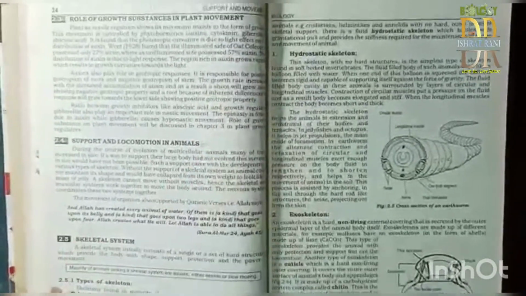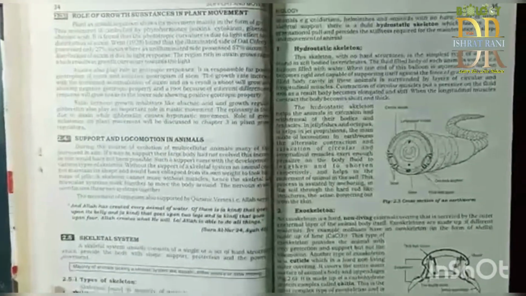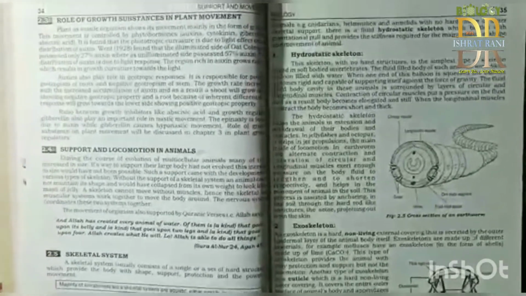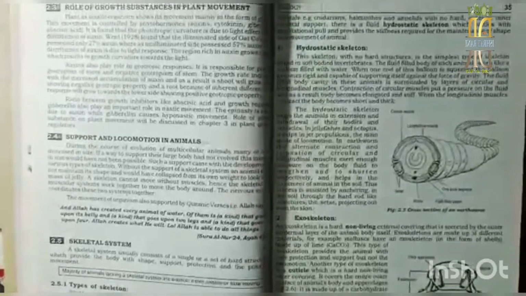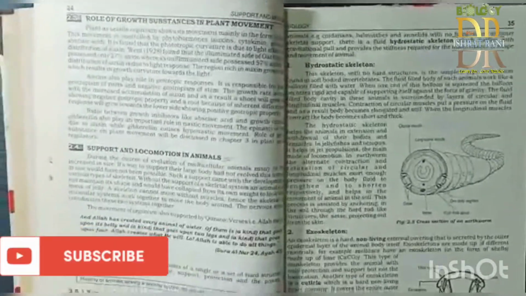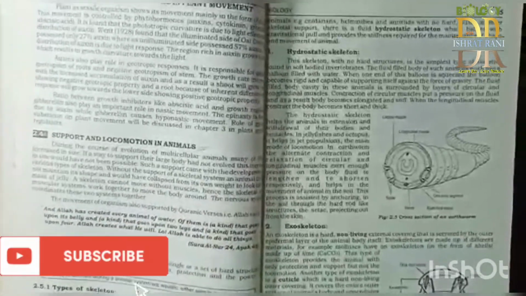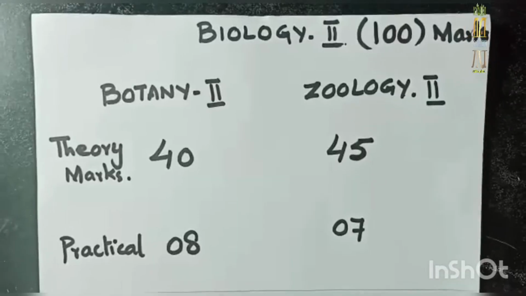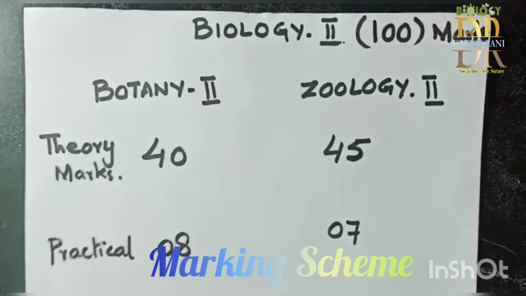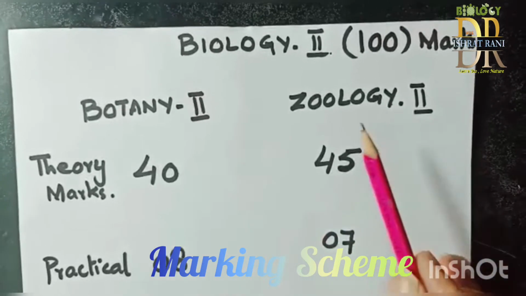Okay, so now I think it's very clear to you that in these 5 chapters you will study zoology and botany combined. So students, here is the marking scheme for biology second year.